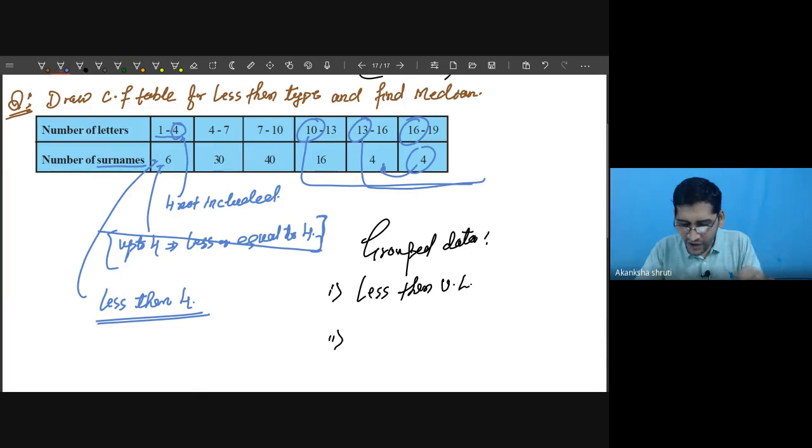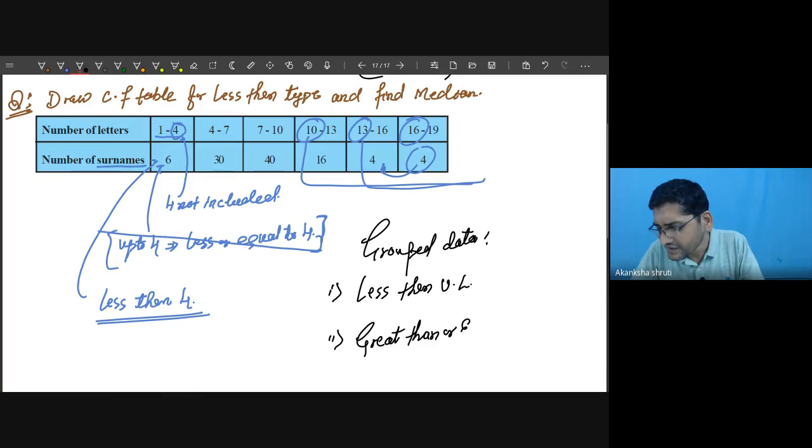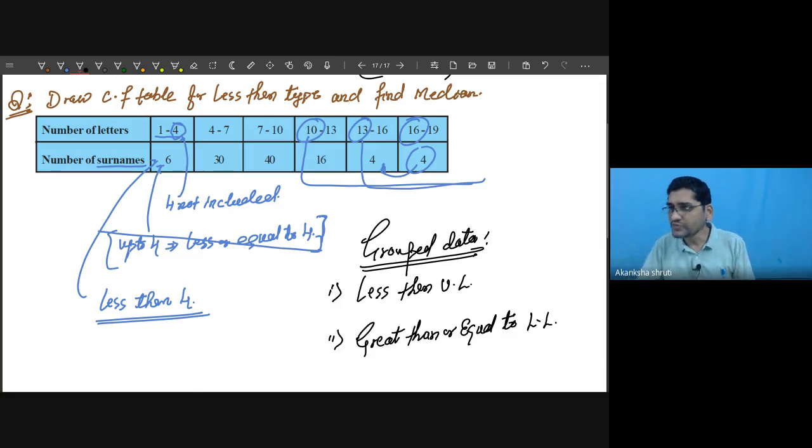Means the other way of tabulating this is our greater than or equal to type. While taking greater than or equal to, we shall always consider the lower limit. So you must keep the thumb rule: lesser than, always upper limit.